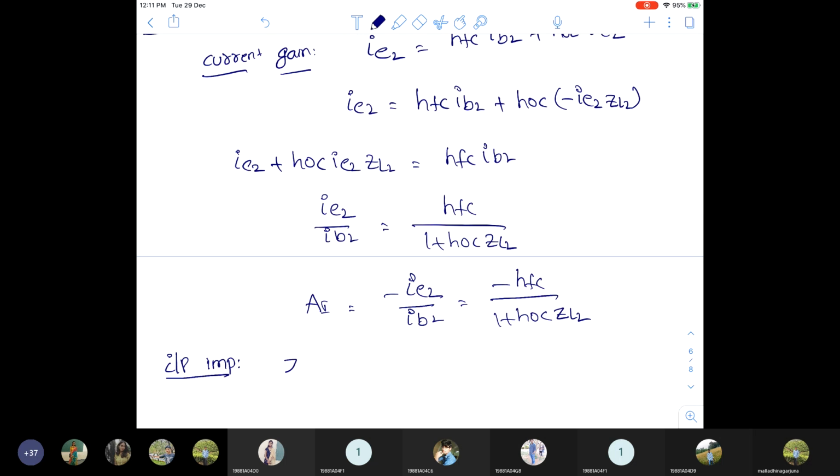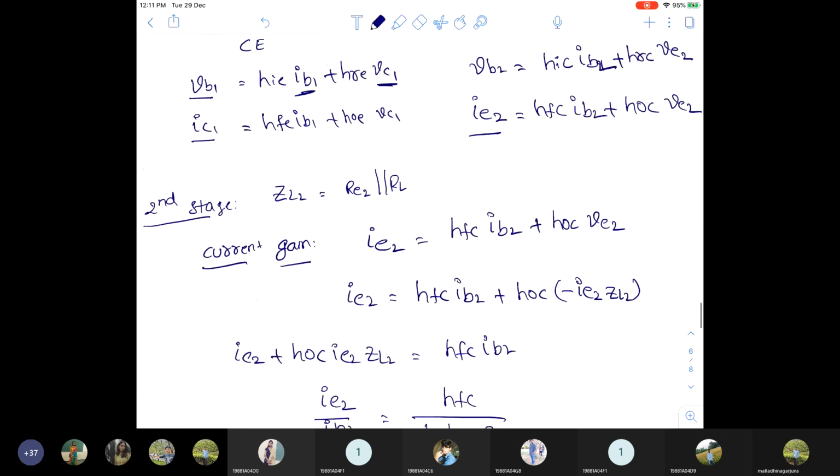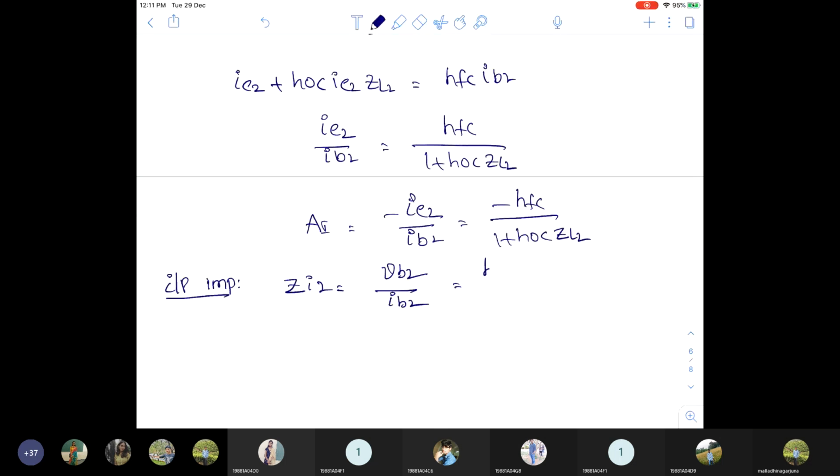Impedance is nothing but ZI2 equal to VB2 by IB2, input voltage by input current. VB2 for the common collector is HIC IB2 plus HRC VE2 by IB2.